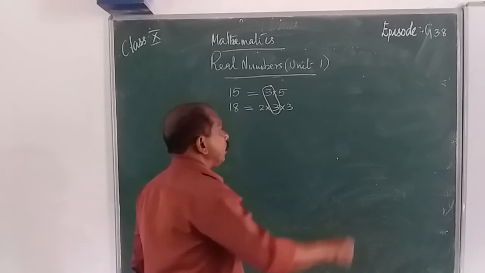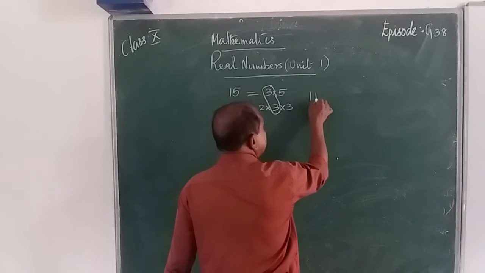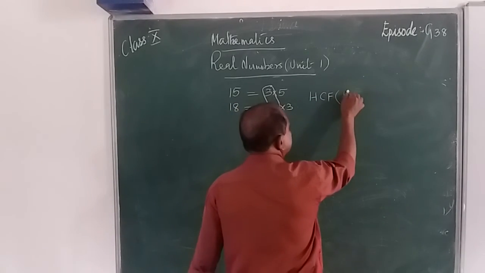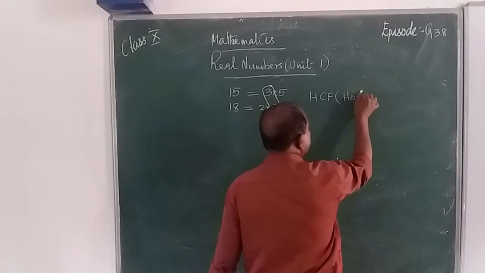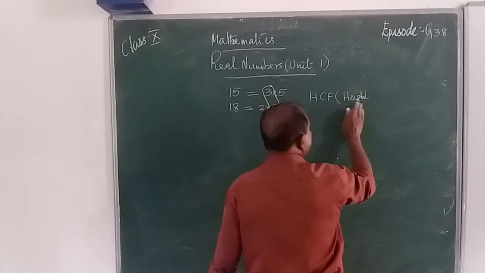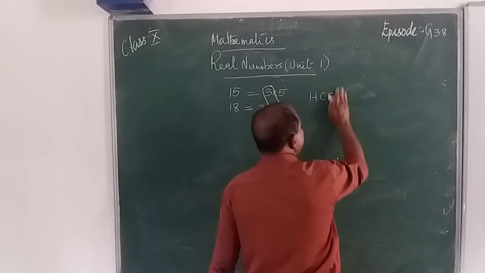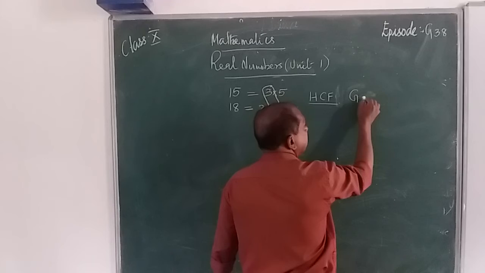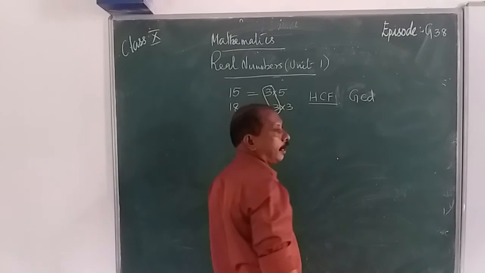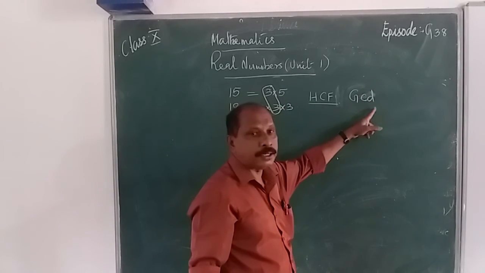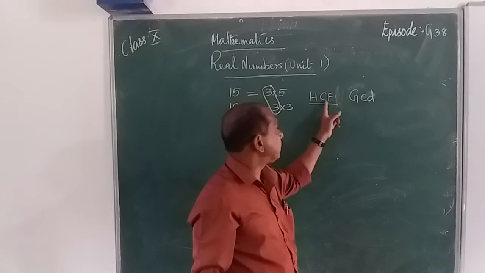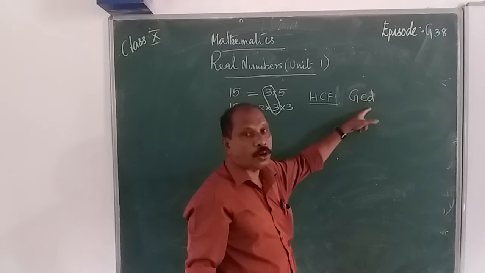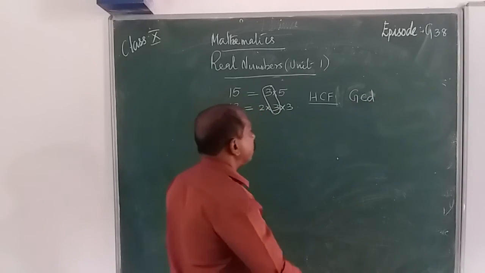Therefore, 3 is known as HCF. That is highest common factor, or GCD, greatest common divisor. Highest common factor or greatest common divisor is equal to what?